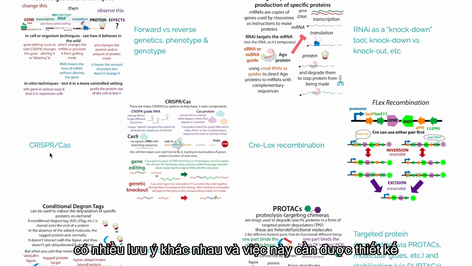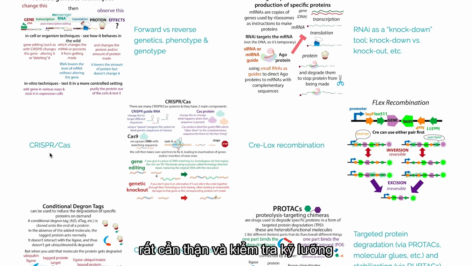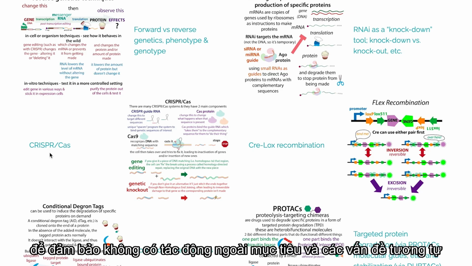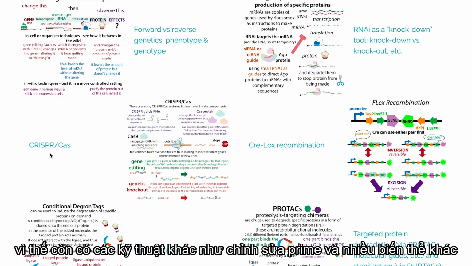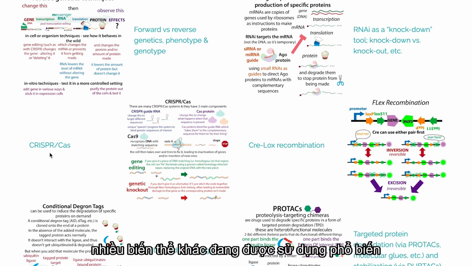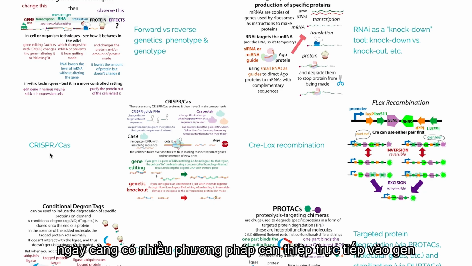There are various caveats, and these have to be designed really carefully and thoroughly tested, making sure there are no off-target effects, various things like this. But the CRISPR-Cas system is very powerful. Although there are certain things that it's not great for, and so there are other techniques like prime editing, and lots of other variations that are coming out more and more.